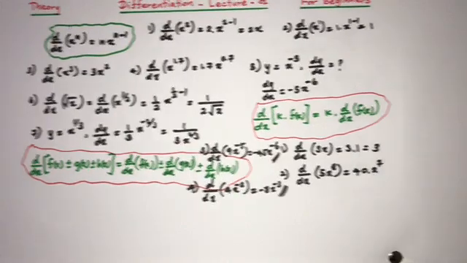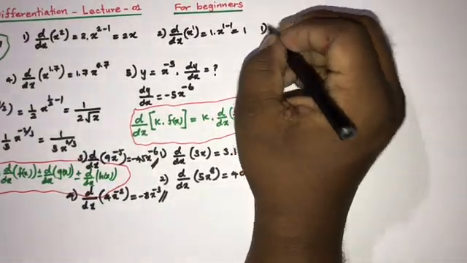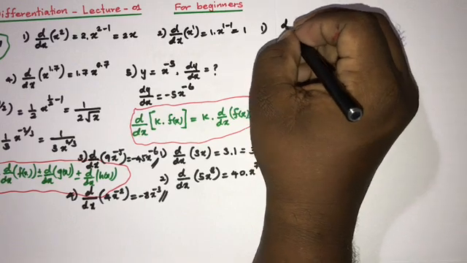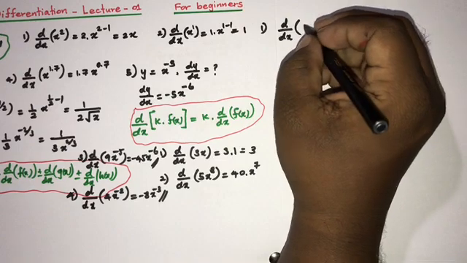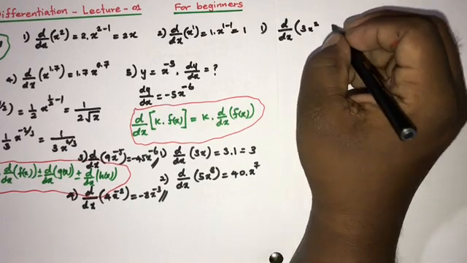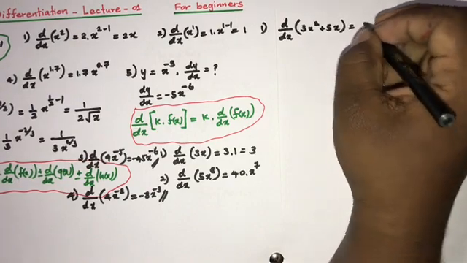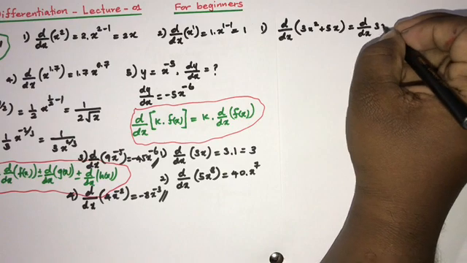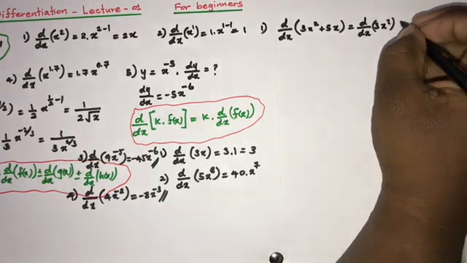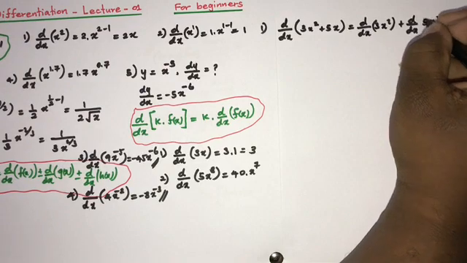So now let's take some examples. Example number 1, we have to differentiate 3 times x squared plus 5 times x. Here we can write this as d by dx of 3 times x squared plus d by dx of 5 times x.